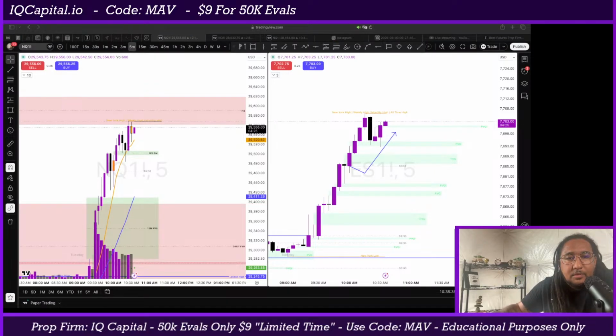So let's see if we get a new high here on the NASDAQ. Are we going to continue to break these highs, or are we going to head lower? That's what we're looking for now. About 10:35, so we still have some time before we hit that 10:50 macro. Price is kind of consolidating as of now.